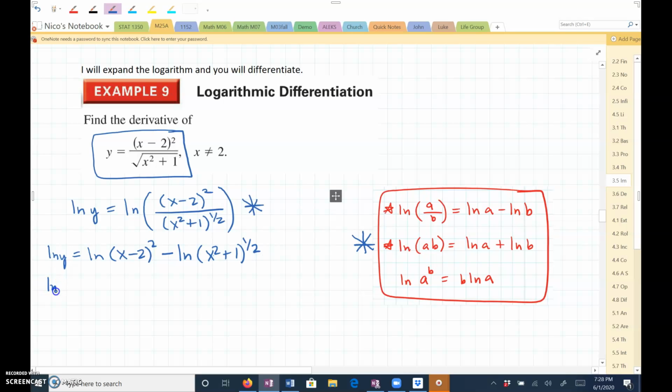And now we can use the power rule for logs. So I can put 2 out in front of the natural log, and I can put 1/2 out in front of the natural log.